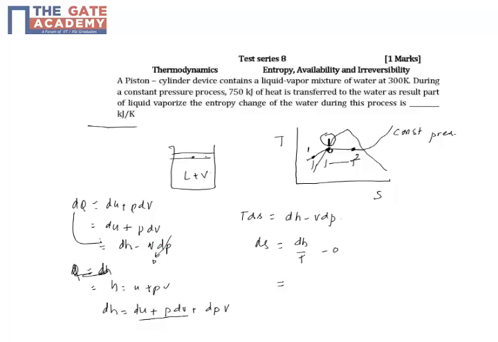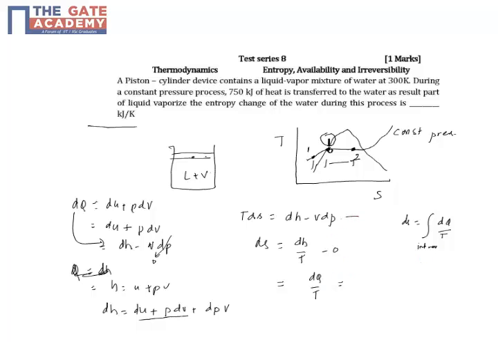So heat transfer is dh, that is nothing but dq by T. The other way of solving is ds, where dq by T is the formula for entropy for an internally reversible process. All these processes are internally reversible, so from this also you come up with the same thing.